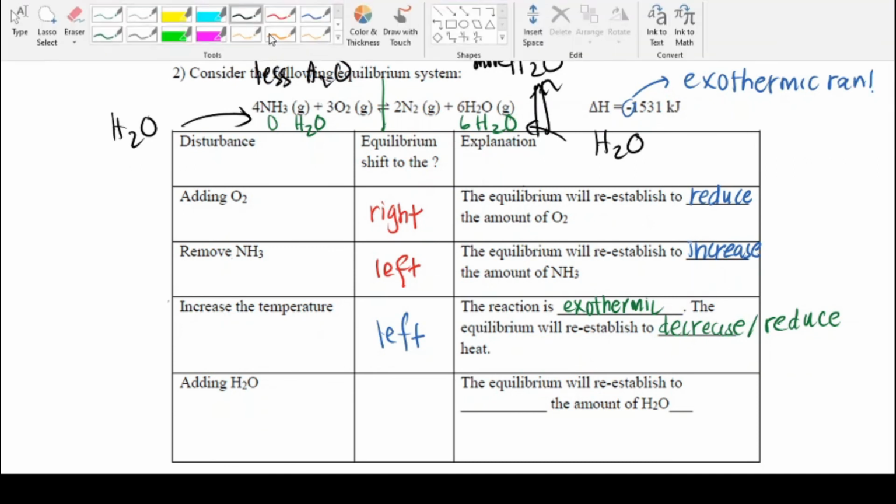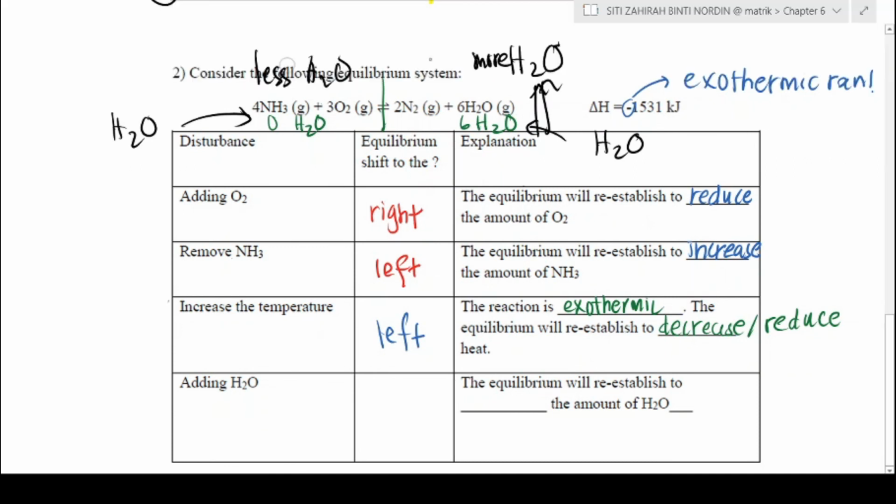So the equilibrium will need to shift to the left. The equilibrium will re-establish: we disturbed the equilibrium by adding H2O, so we need to counter this disturbance to reduce the amount of H2O.